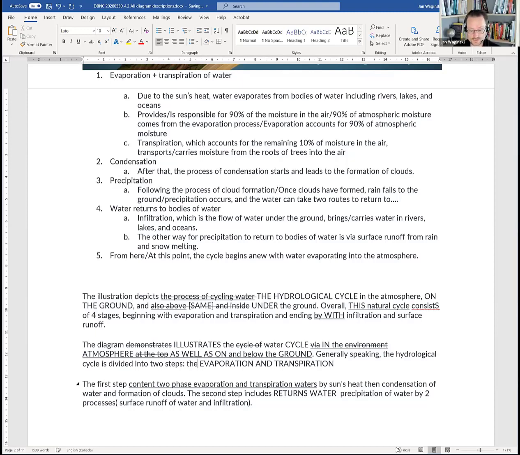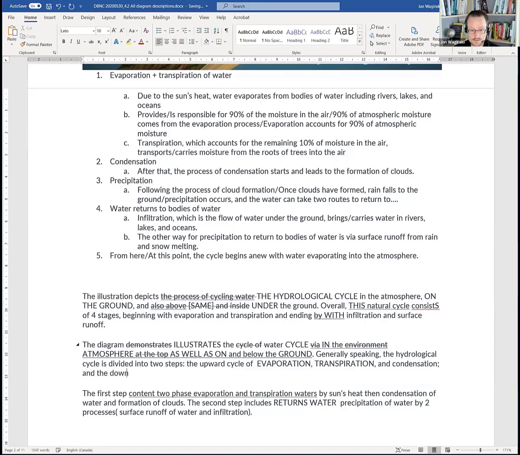Let's call it the upward cycle of evaporation and transpiration of water, and condensation. All right, that's the upward cycle. The upward cycle of evaporation, transpiration, and condensation.